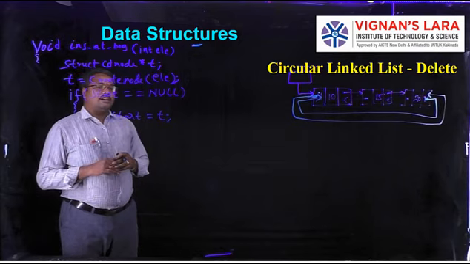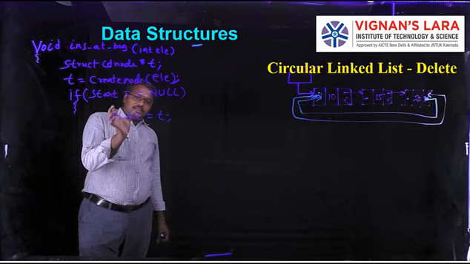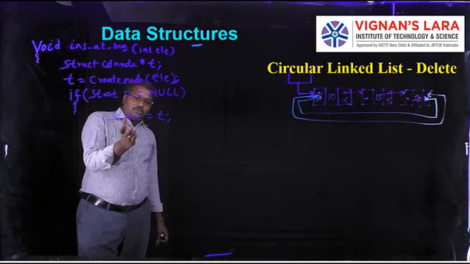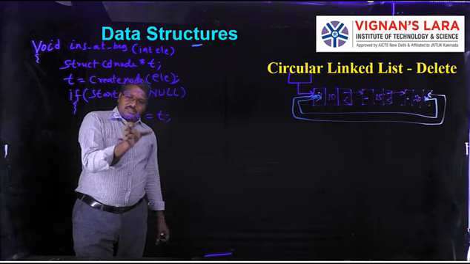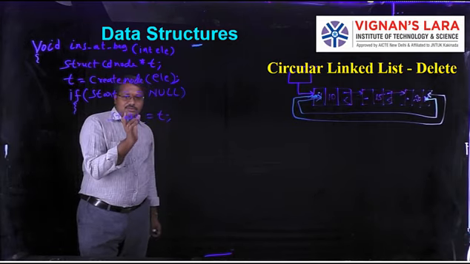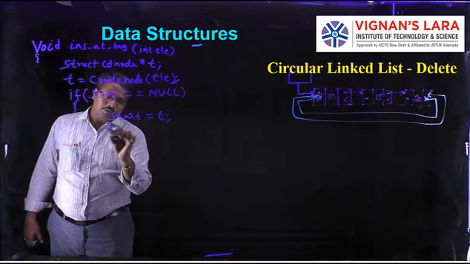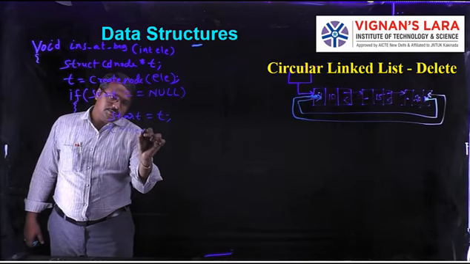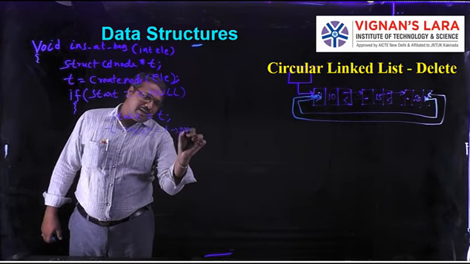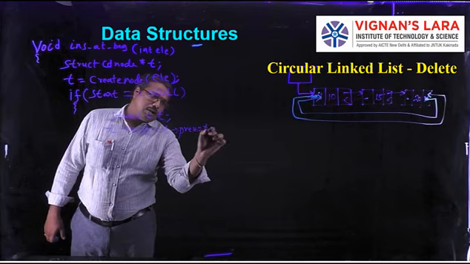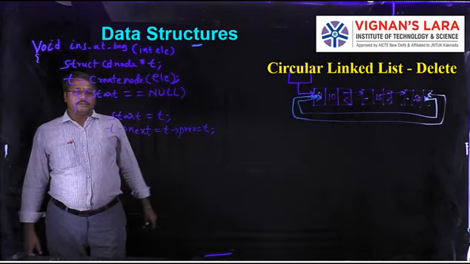What additional operations do you want to do here? At that time this is the starting node. The starting node's next field consists of the first node address, and the first node's previous field consists of the last node address. So we want to do these two things right now. T of next equal to T of previous is equal to T. Why am I writing this statement?